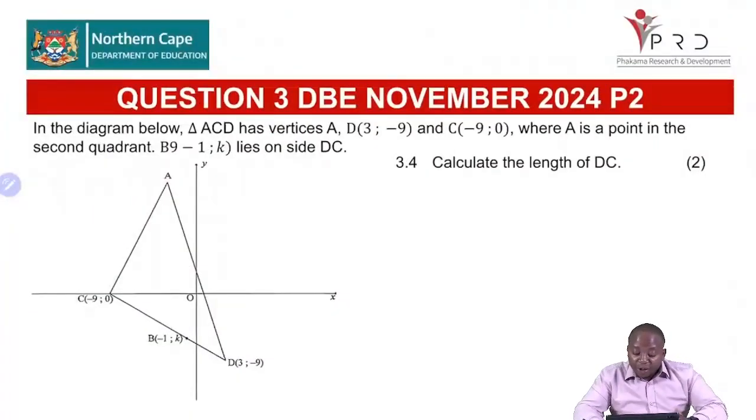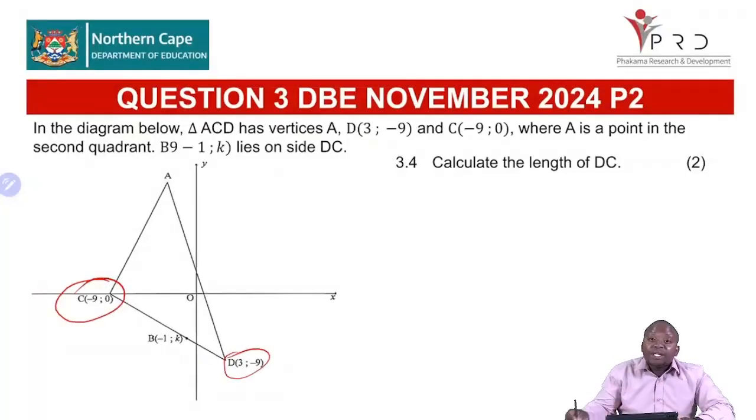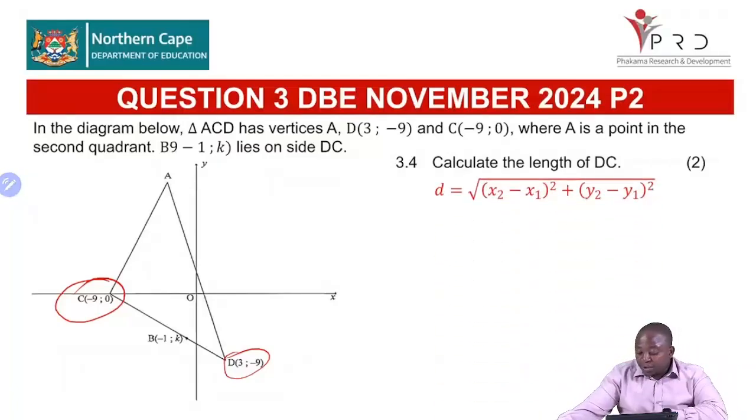Right. 3.4 says calculate the length of DC. To find the length of DC, we are going to use the distance formula, copying it down from the formula sheet. The distance formula is D equals the root of x2 minus x1 all squared plus y2 minus y1 all squared.